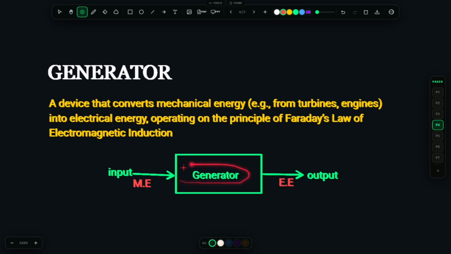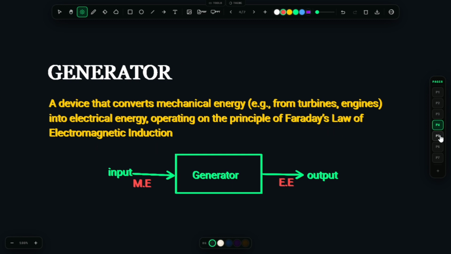Generator is an electrical machine which converts mechanical energy. At the input port we give mechanical energy and at the output we get electrical energy. So generator is a device or a machine which converts one form of energy, mechanical energy, into electrical energy. This is the basic definition of generator, and it works on the principle of Faraday's law of electromagnetic induction.